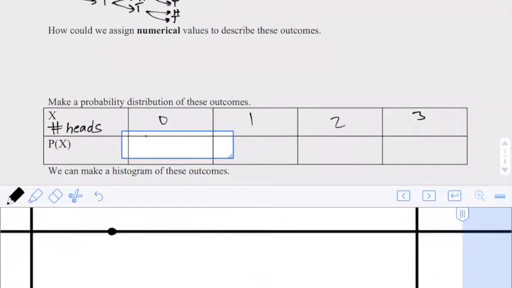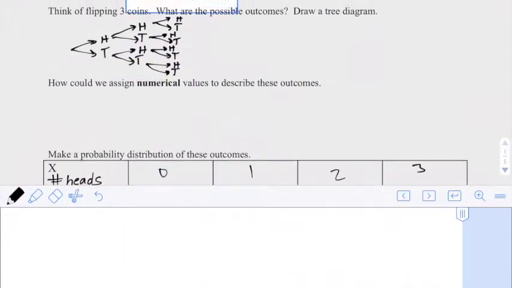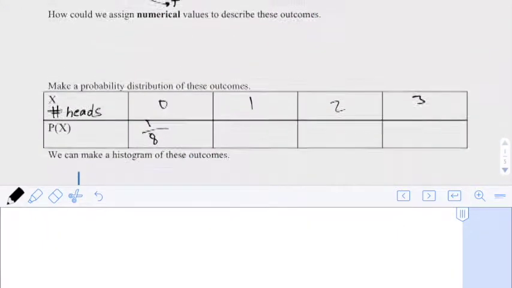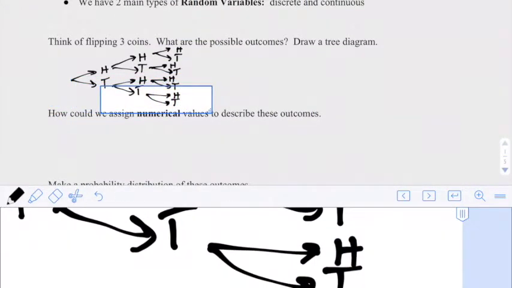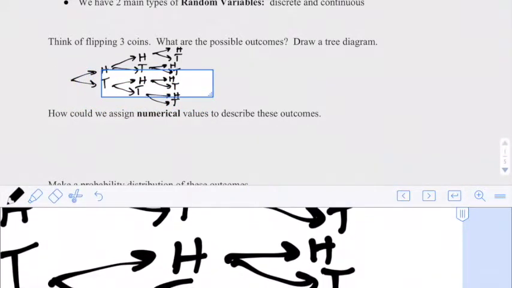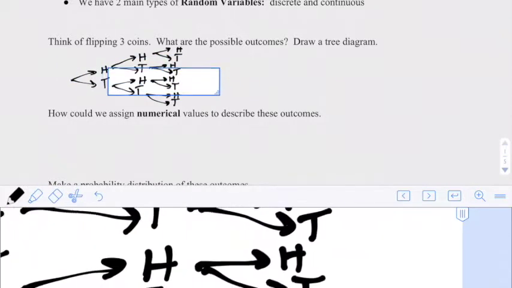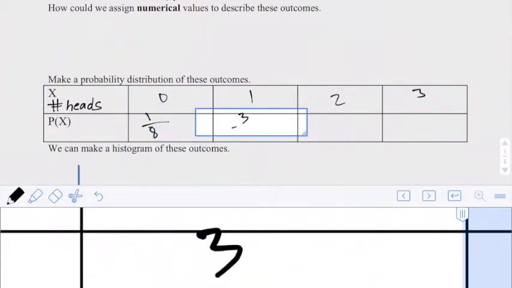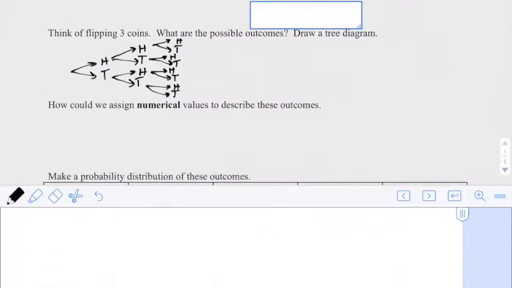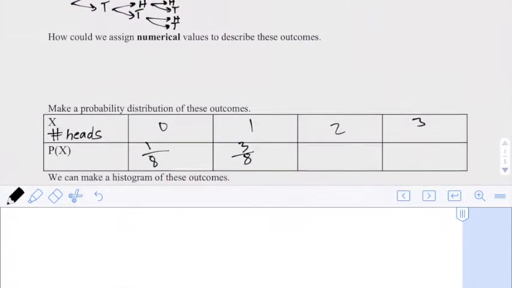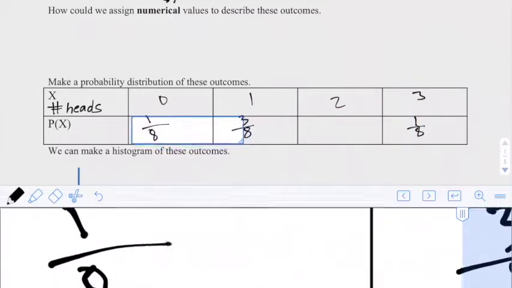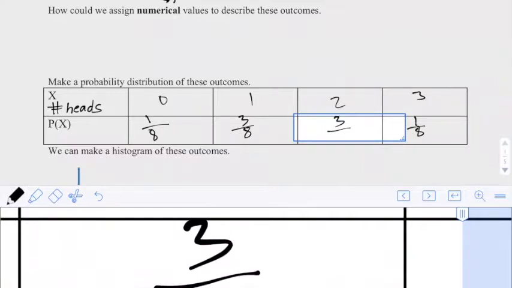Well, that only happens in one branch, tails, tails, tails. So this could happen one time out of, well, we have 1, 2, 3, 4, 5, 6, 7, 8 different ways that could happen. For one head, we could do that 1 way, 2 ways, 3 ways, 3 out of 8. I'm going to go to 3 heads because I think that will be the easiest way, because there's only one way to do 3 heads. And then what's remaining goes in here. So there's 3 ways we could get 2 heads.